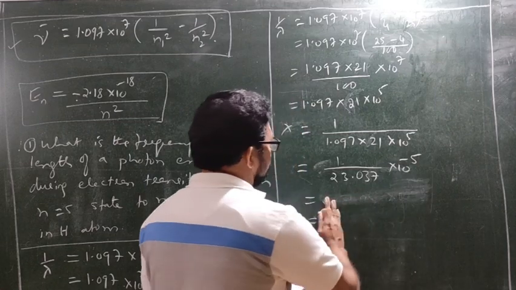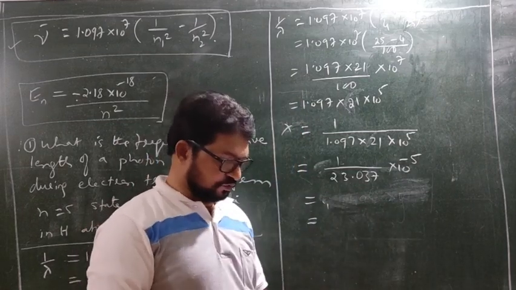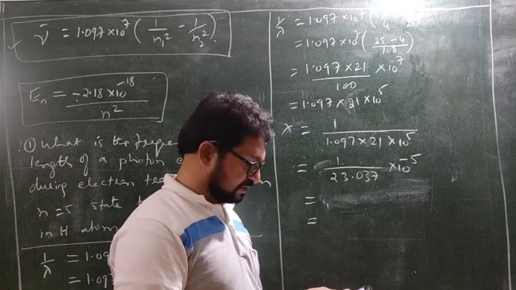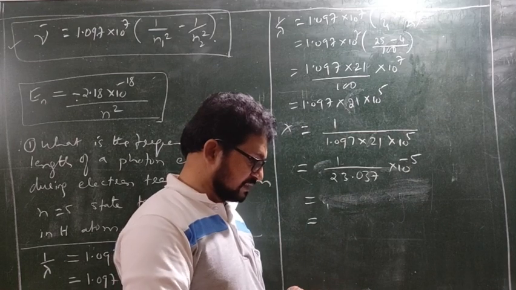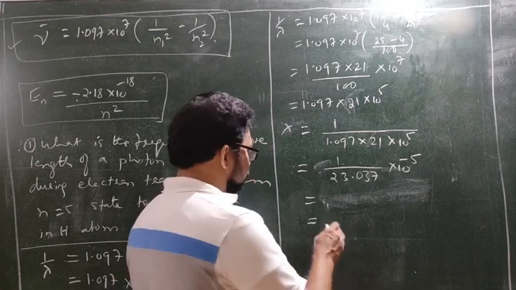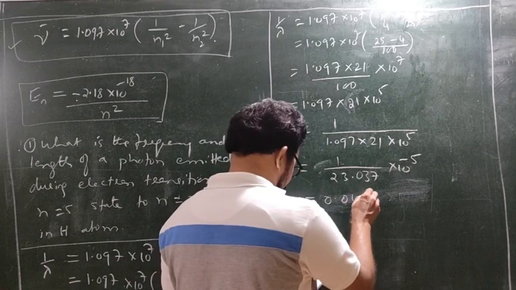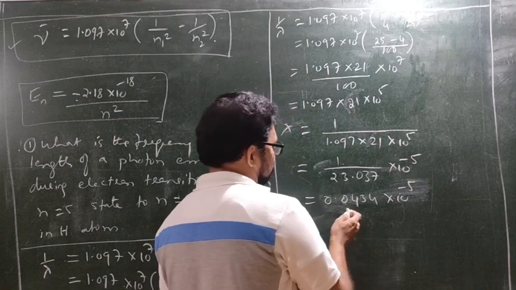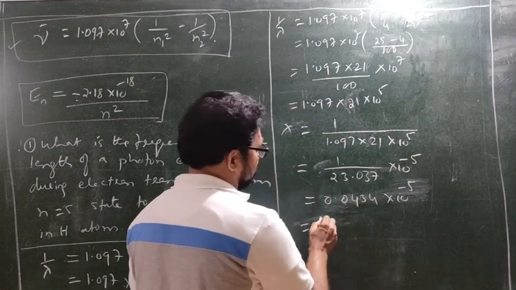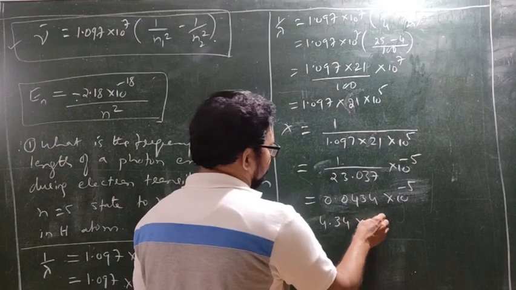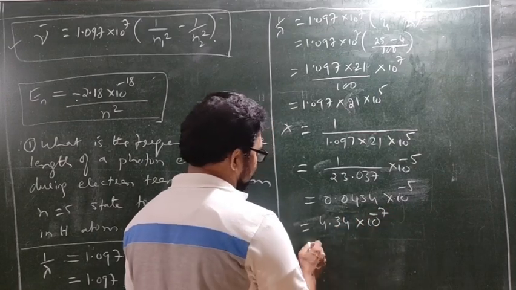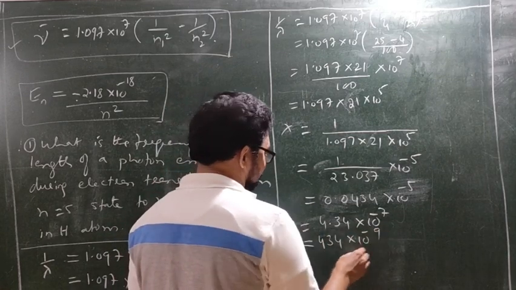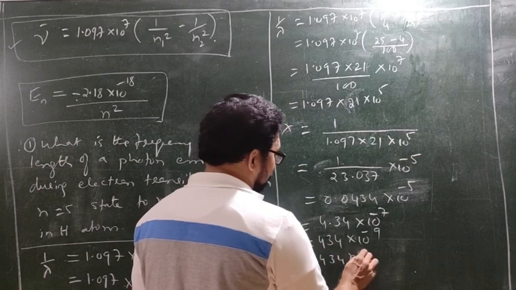Mistake it is. Once again I will do 1 divided by 23.037 equal to 0.0434 into 10 raised to minus 5. So if you want in scientific notation, this becomes 4.34 into 10 raised to minus 7 meters. If you want in nanometer, 434 into 10 raised to minus 9, 434 nanometers.